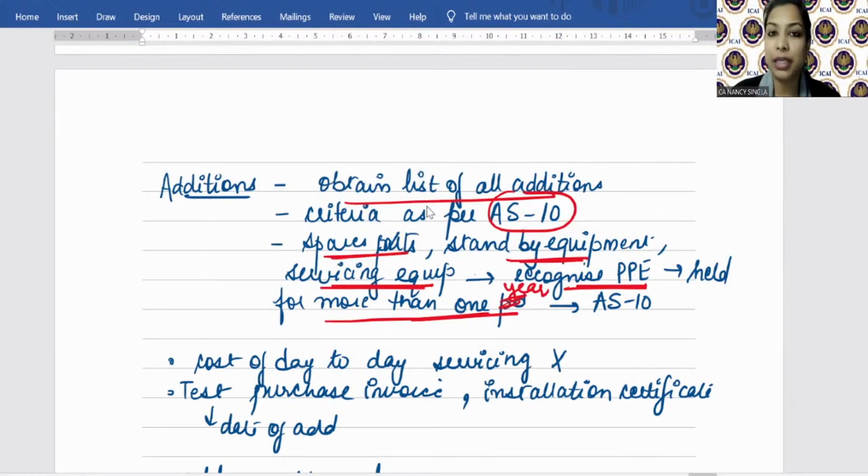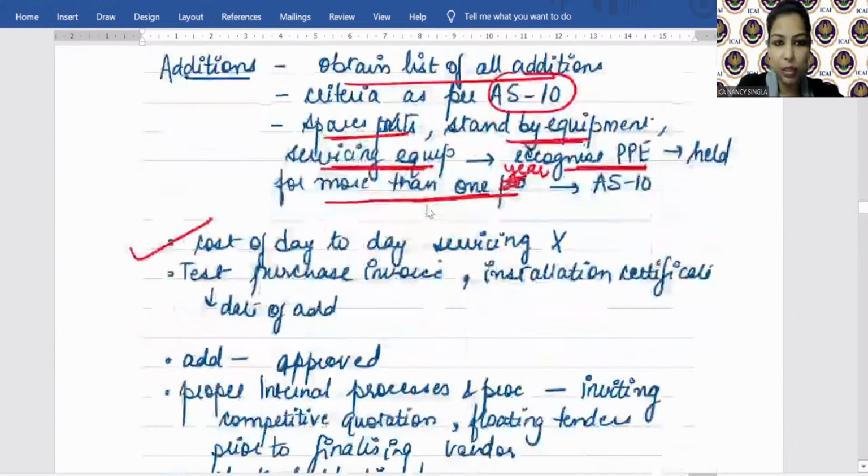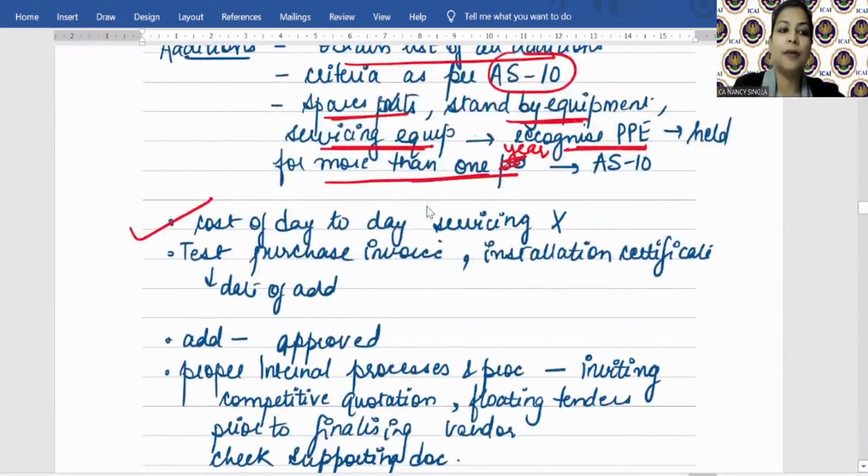If the same has been purchased with the purpose of holding it for more than 1 year, है ना? तो again, in terms of AS10, auditor will see whether it is meeting the criteria to be recognized as PPE. ठीक है? Further, you all know that cost of day-to-day servicing will not be considered as a capital expenditure. Auditor will check the purchase invoices, installation certificates, है ना? Purchase invoice, installation certificate से आपको date of addition पता चलेगा ना?